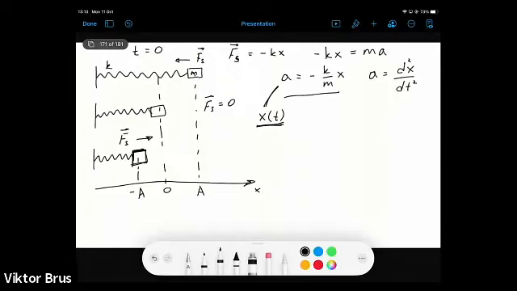And then if we know acceleration, we can integrate, applying some boundary conditions, and get x as a function of t, which is exactly what we are going to do now, because we know how acceleration depends on this position x. So we will use this information in order to get the function x as a function of t.